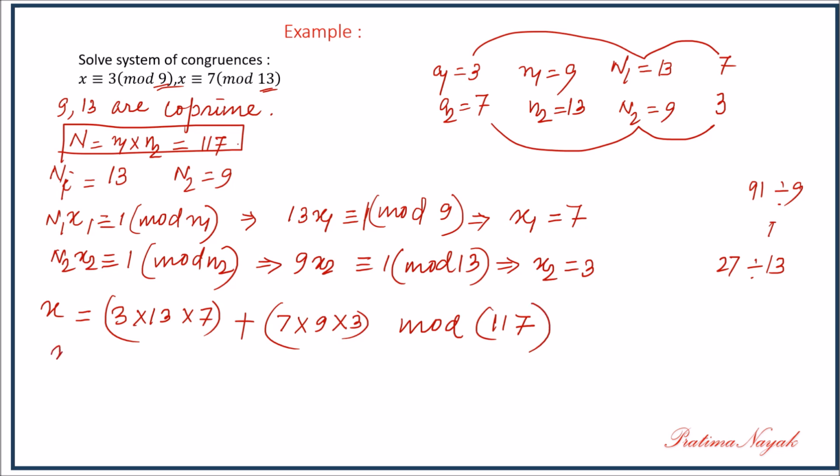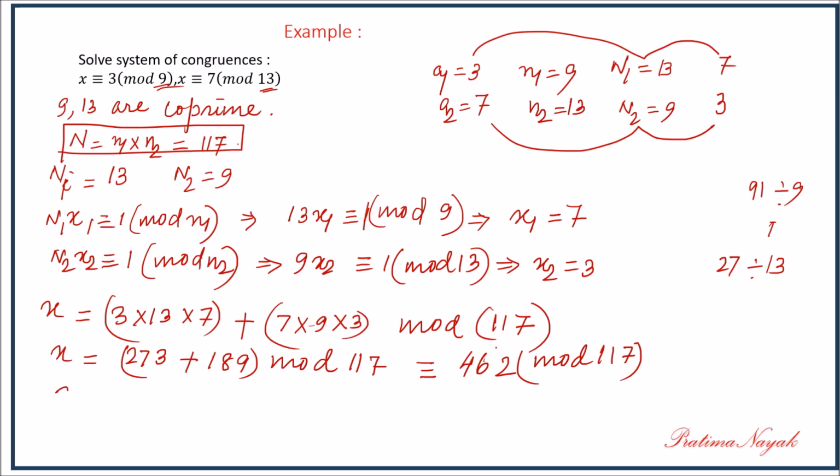So x is equal to, if we multiply, 273 plus 189, modulo 117. If we add this, it equals 462 modulo 117.